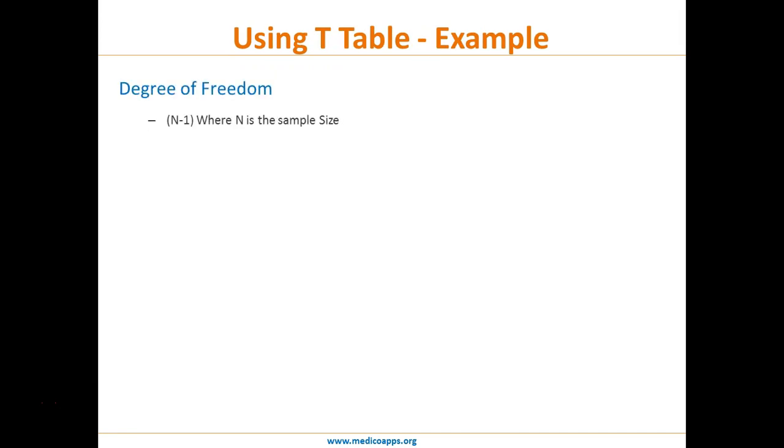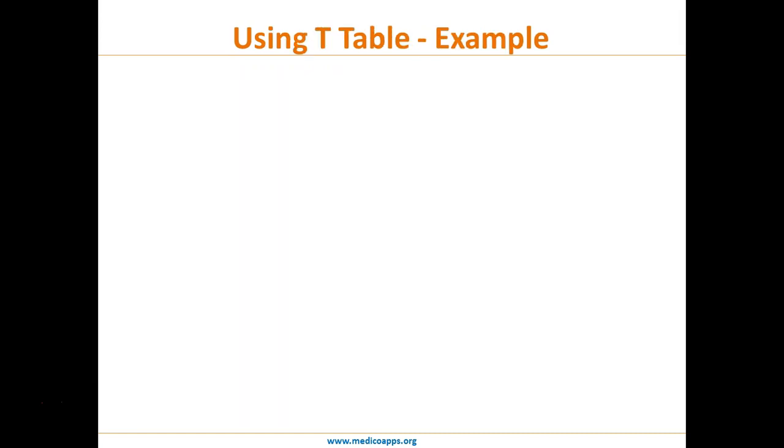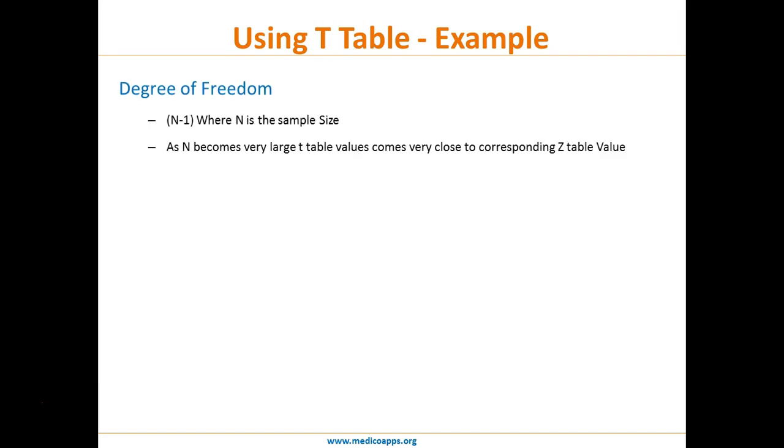Degrees of freedom is n-1, where n is the sample size. When we are looking at the t-table and want to know which degree of freedom to look at, we just take the sample size and subtract 1. As n becomes very, very large, t-table values correspond very closely to z-table values. This is very important to remember.